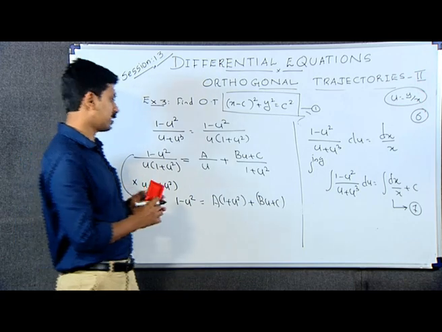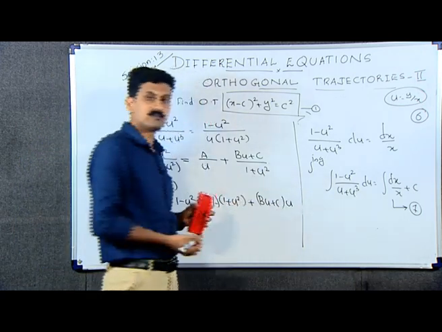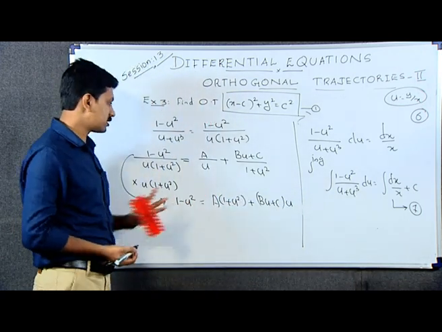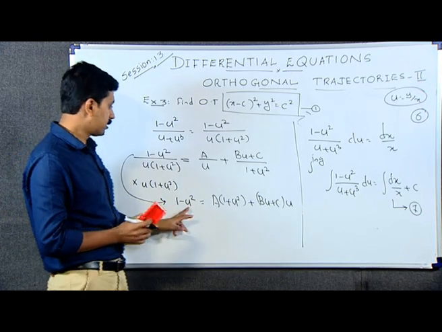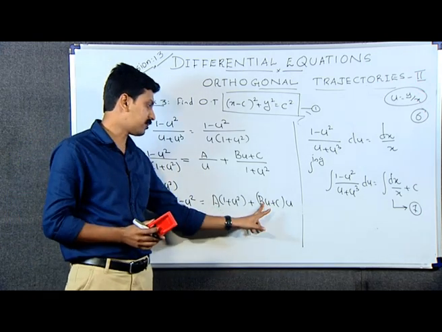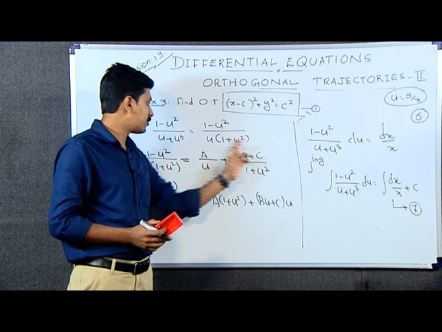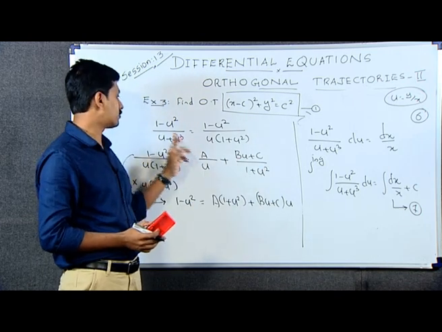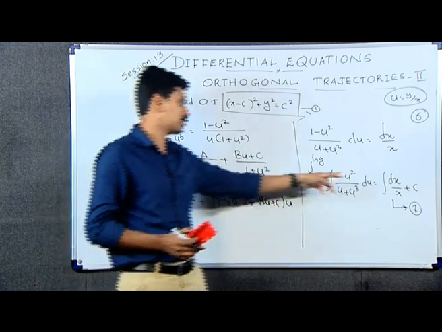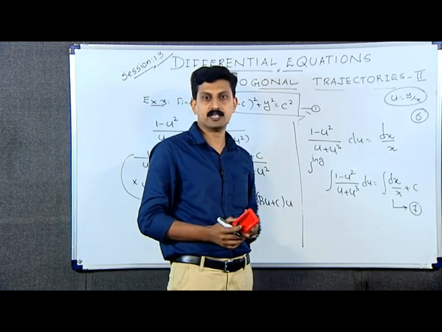The only remaining term is u. See, this is the final equation. From here we can determine the values of a, b and c, and you can solve this very easily.